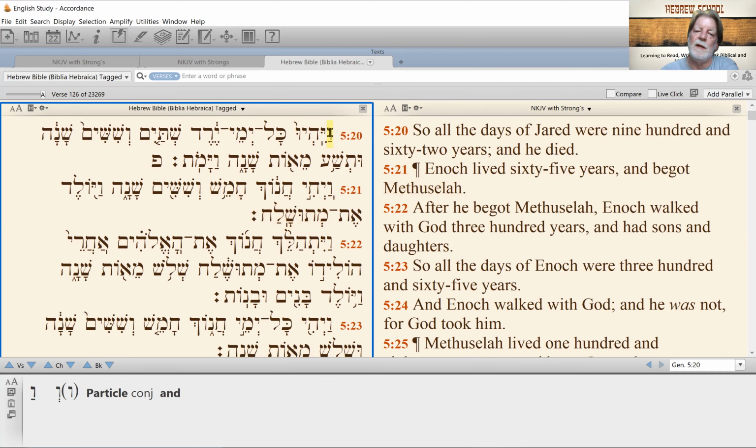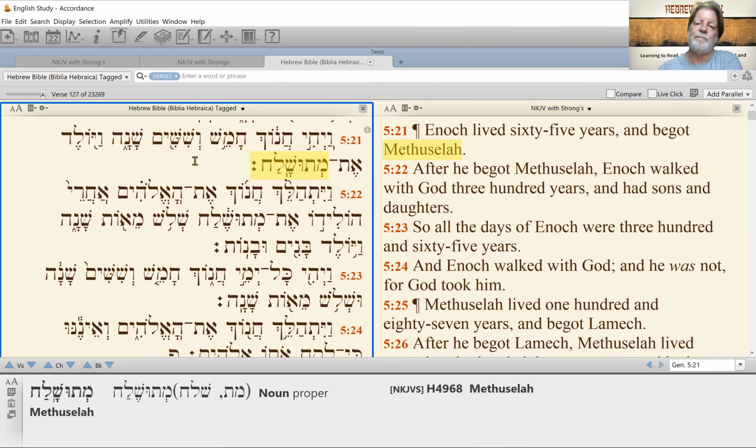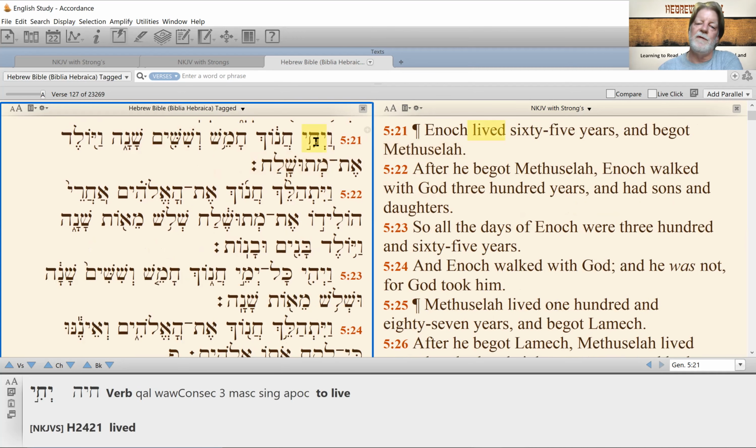Verse 20. Vayihiyu, and they were, Yamei Yared, all the days of Jared, Shtaim Ushishim Shana, 62 years, Utesha Meot Shana, and 900 years. So we got 962 years, Vayamot, and he died. Verse 21.